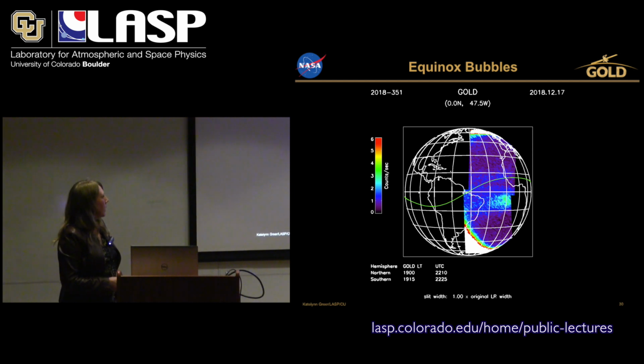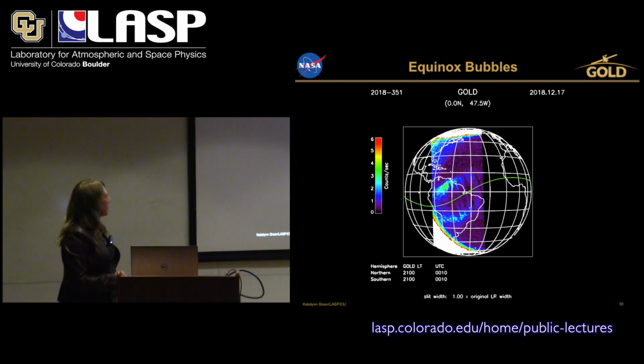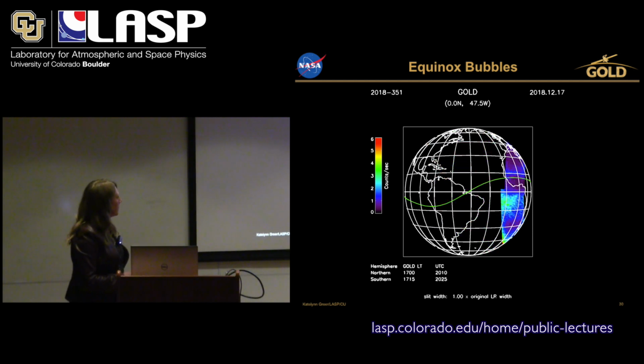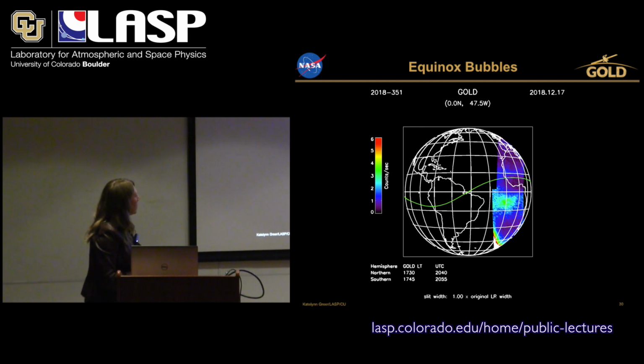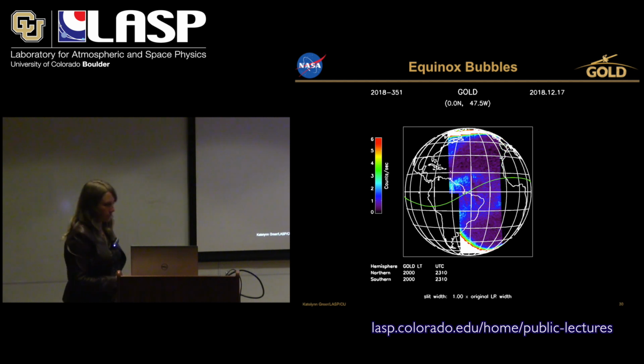So this is a period of time when the equatorial ionospheric anomaly is not well formed. And you still see these bubbles or tiger stripes forming. And the bubbles, you'll see them right at the end of this movie. They're starting to form there. You can sort of see them strongly there.